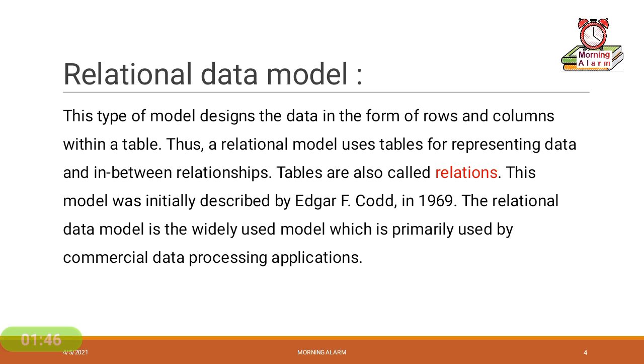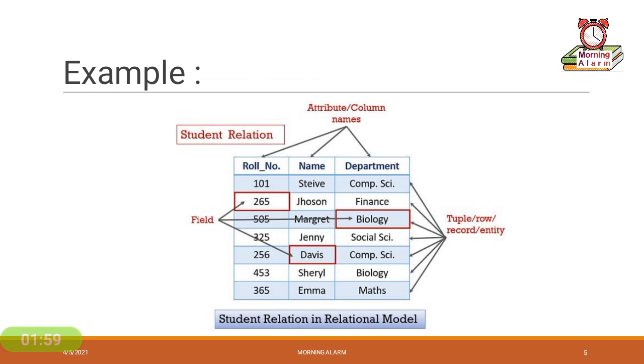The relational data model is the widely used model which is primarily used by commercial data processing applications. Simply, we can say that a relational data model represents the data in the form of tables, which is formed by using the rows and the columns. Also, the name of the column is said to be attribute, and each row is said to be a tuple, and all the data in these tuples are said to be records.